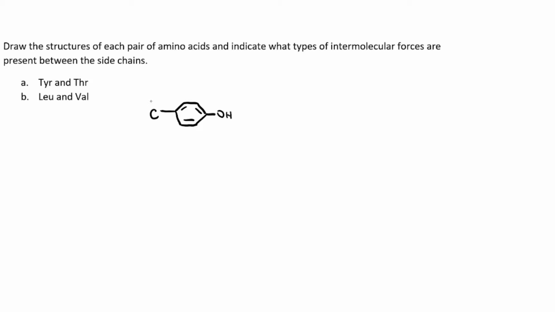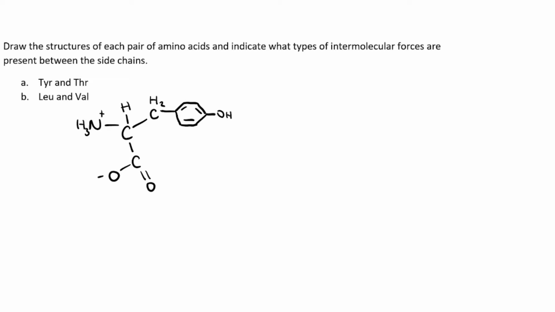Okay, from the beta carbon, I work my way back from the R group to the beta carbon to the alpha carbon. Okay, this is tyrosine. You have your alpha carbon, which should have a hydrogen here, your alpha carbon, your beta carbon, your benzene structure with your hydroxide group on the end.